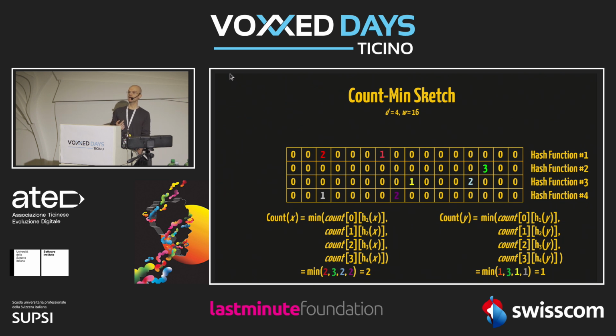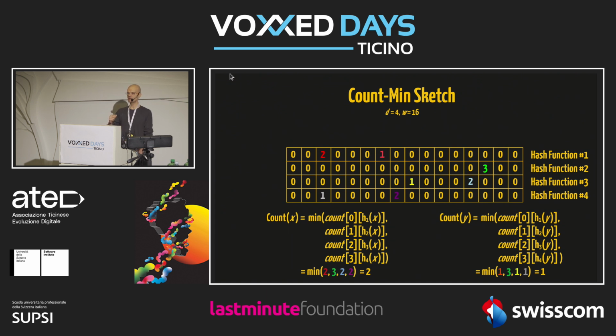How do I check how many times I've seen this item pass by? I get the minimum of these 4 possible values. For example, on the left you see count X, so I'm trying to see how many times I've seen X passing in my stream. And I get the value of the count matrix. For the first row, I get the index of X given by the first hash function.